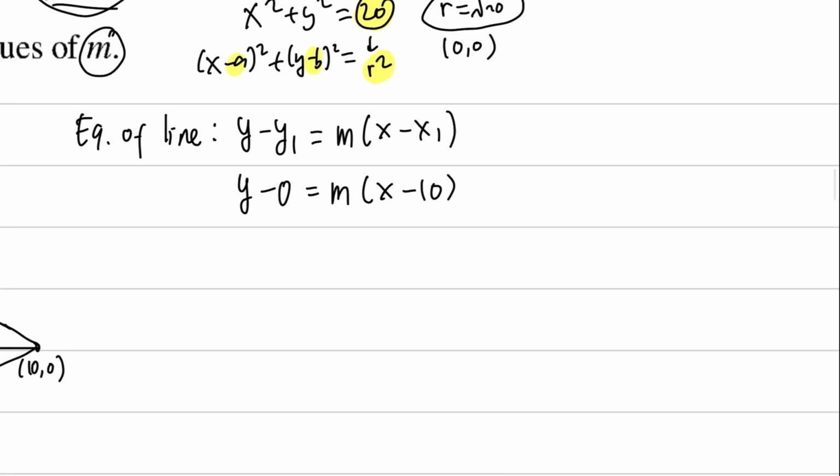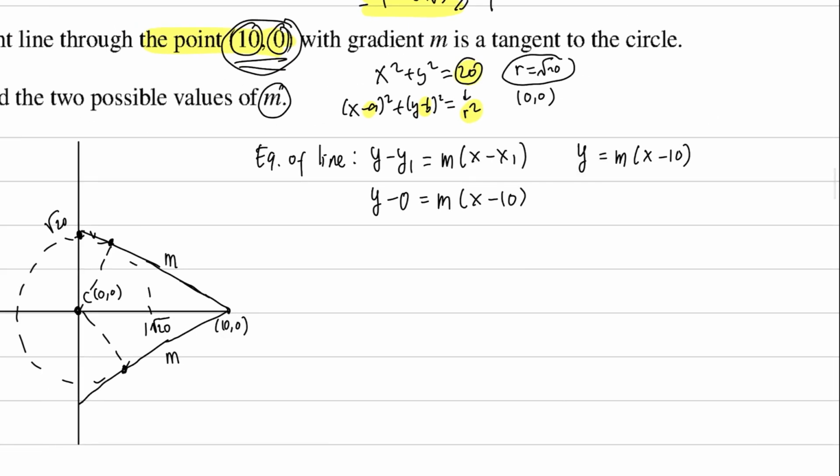So the equation is y equals m in the bracket x minus 10. So this is the equation of our line. It can go up, can go down, depending on the value of m. The second step, we find the intersection of these two. So to find the intersection between the circle and the line, we substitute.